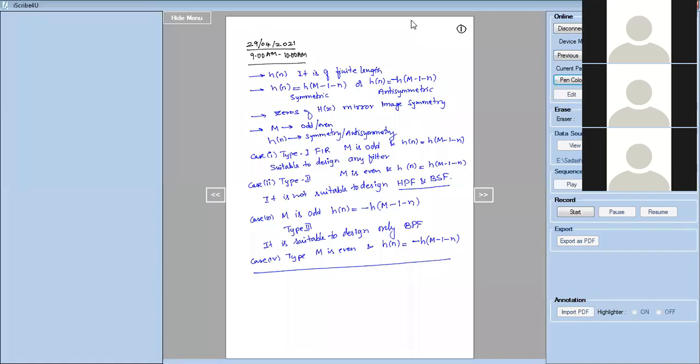Yesterday I wanted to have the generic or general expression, thereby showing that it is not suitable to design high pass filter and band stop filter. I think yesterday students felt it very difficult, so I will consider one example.